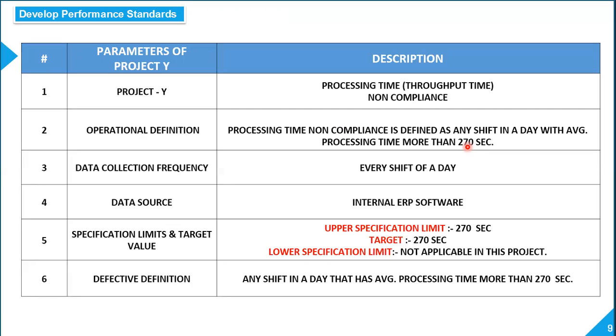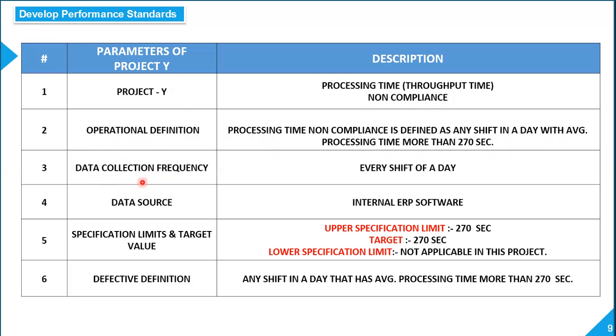If this value for a given shift is higher than 270 seconds, then that becomes a non-compliance. Let me read it again. The operational definition of project Y, processing time non-compliance, is defined as any shift in a day with average processing time more than 270 seconds.